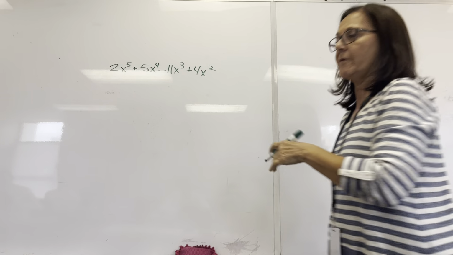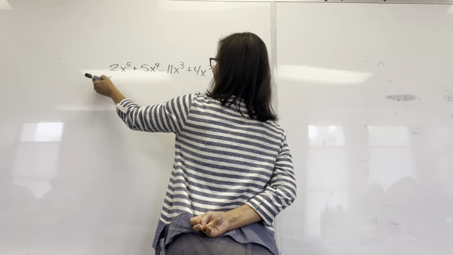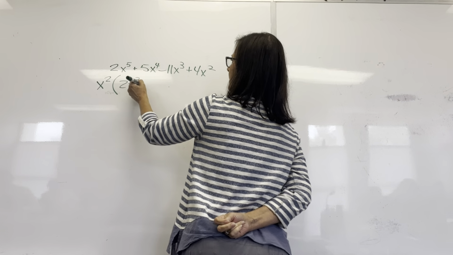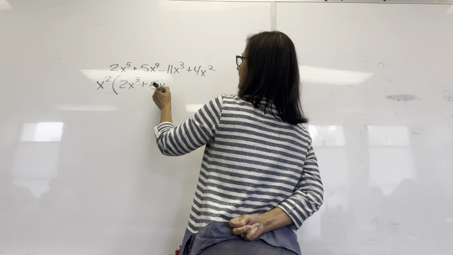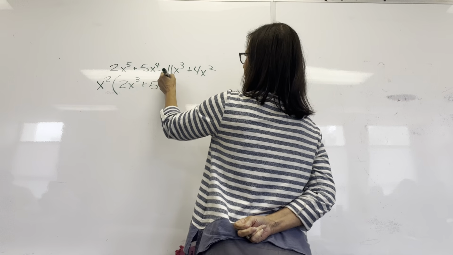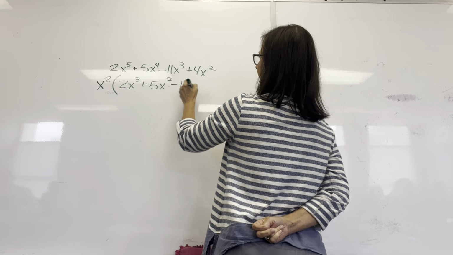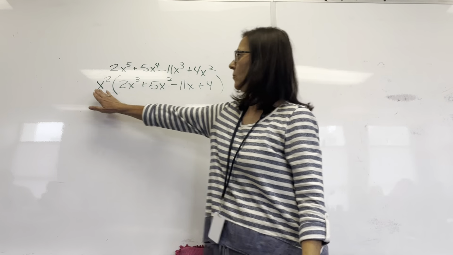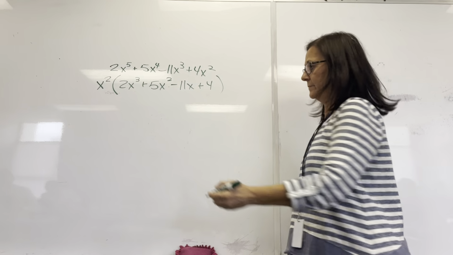So I know one of the zeros is 0. So x squared times 2x cubed plus 5x squared minus 11x plus 4. I need 3 more. 0 is one of them.